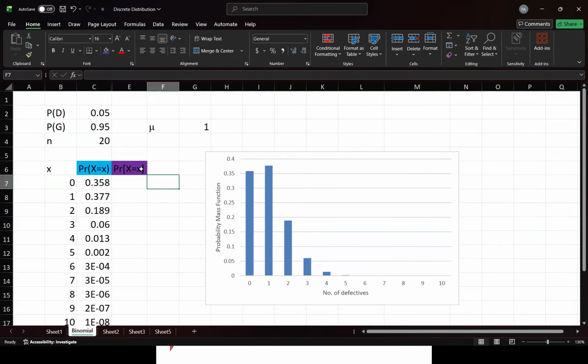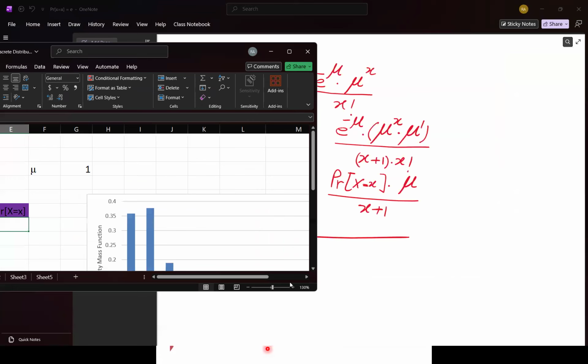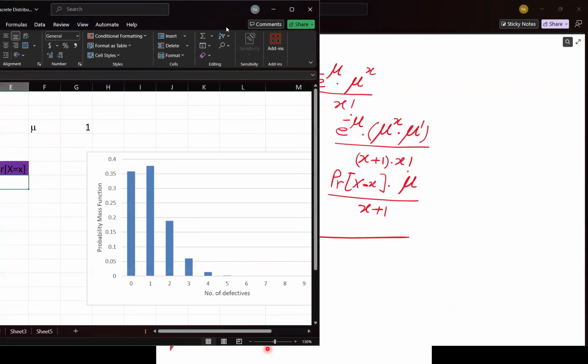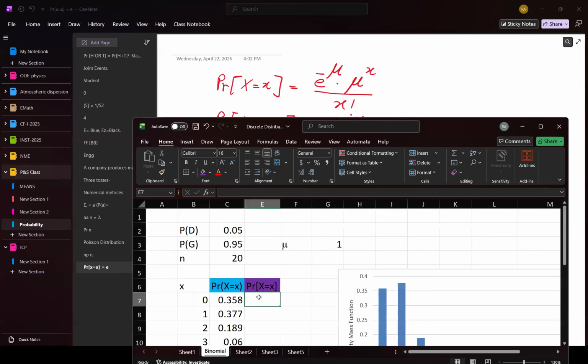Okay, so purple for the estimation using the Poisson distribution. So I use the approximation formula. I have to only evaluate for the first one, and then I can use the recursive one.